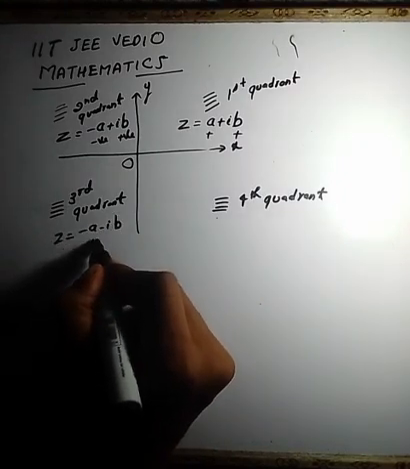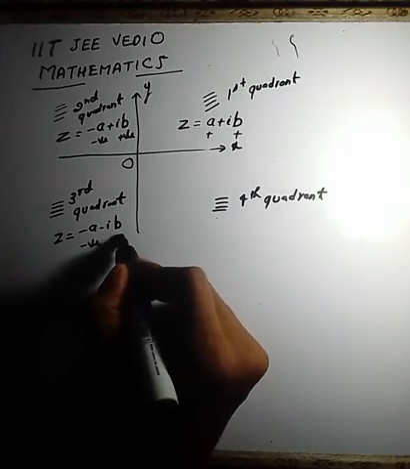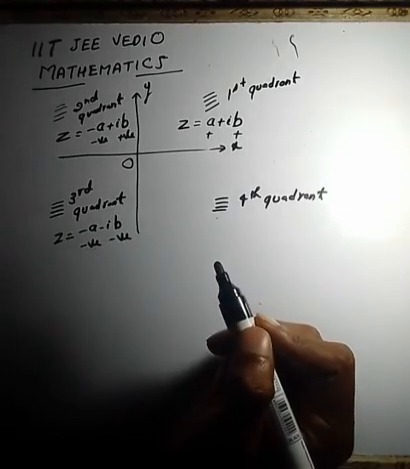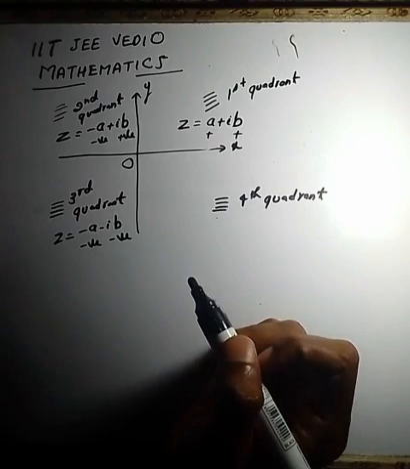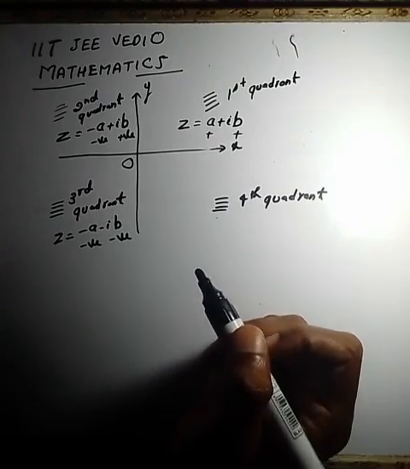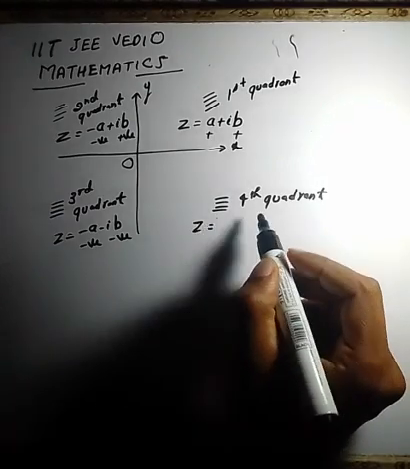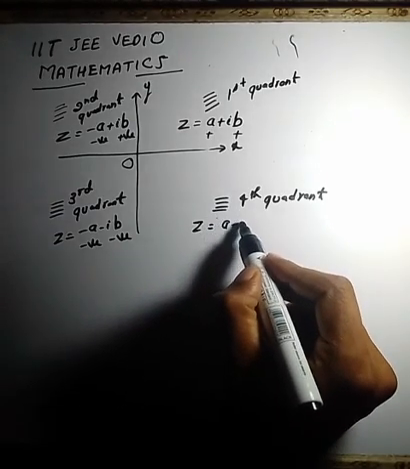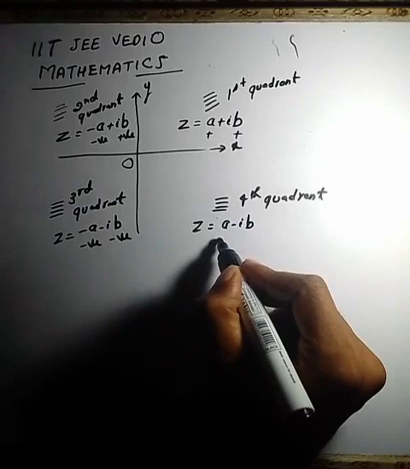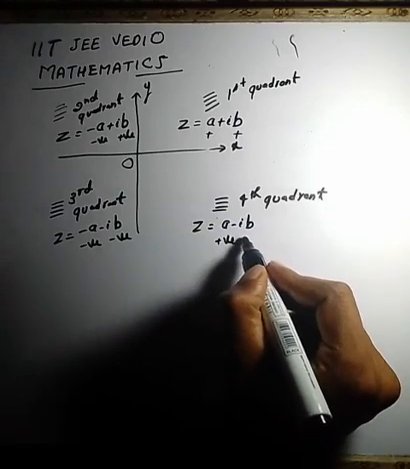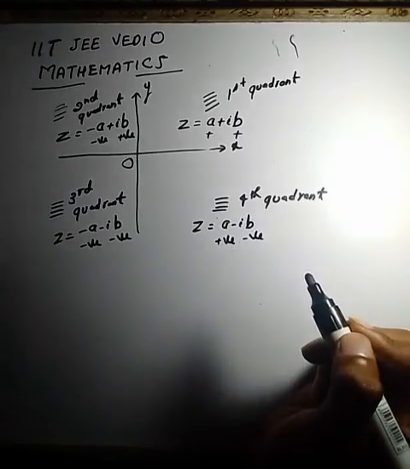So a will also be negative and b is also negative. Okay. So if z is lying on the fourth quadrant, then z equals to a minus ib. a will be positive and b is negative.